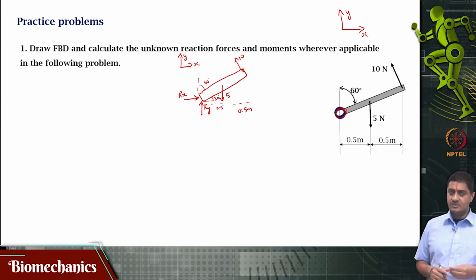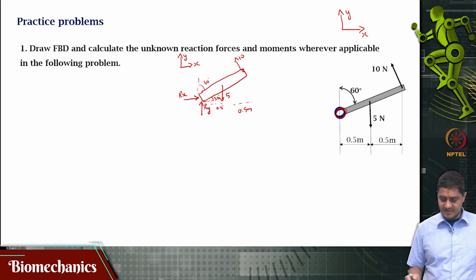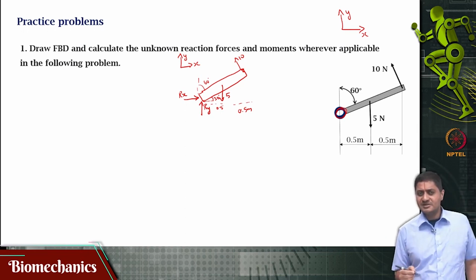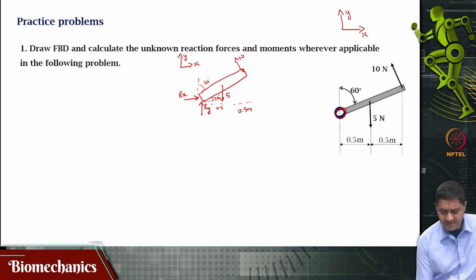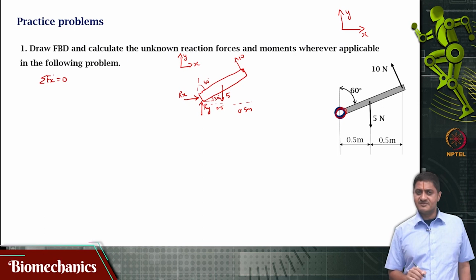So, let us try to find out the unknown forces in the x direction. A bit more complicated than the simple problem that we saw previously, but it is not too complicated. So, let us write out sigma Fx equals 0. What does this mean? We have said this previously.